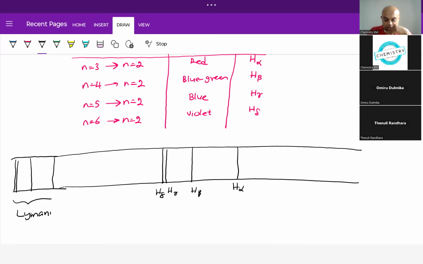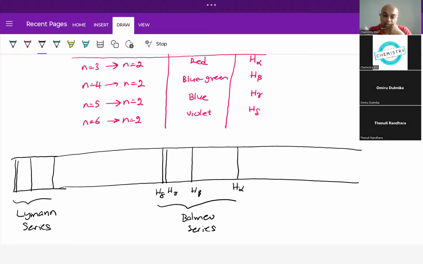Lyman series again, when increasing order of frequency, the lines are getting closer, right? So this is the Lyman series. This is Balmer series. Partial series is more closer to the Balmer series. ඒ කියන්නේ series දෙකක් අතරත් gap එක වැඩි වෙනවා frequency එක වැඩි වෙන පැත්තට.